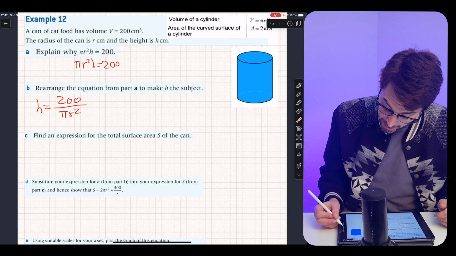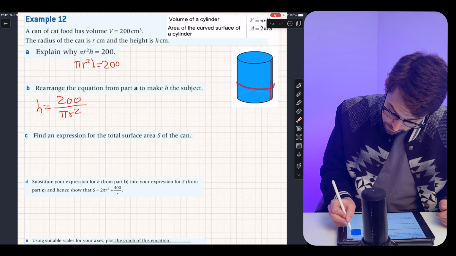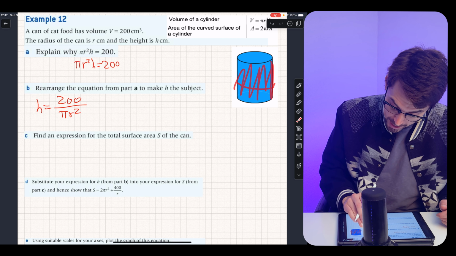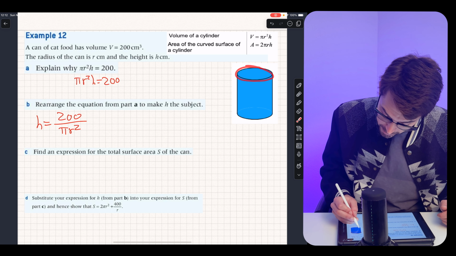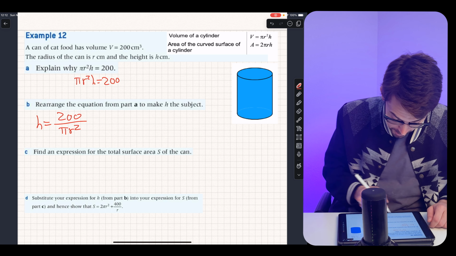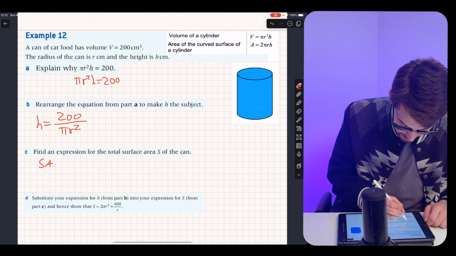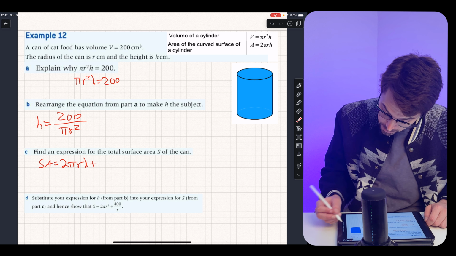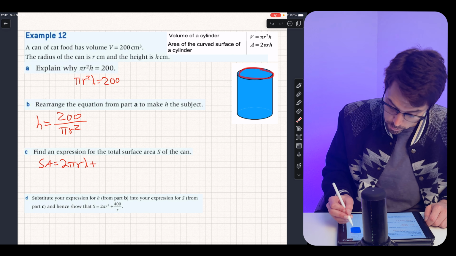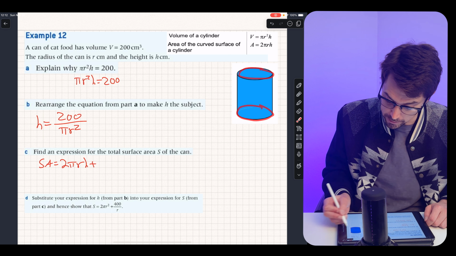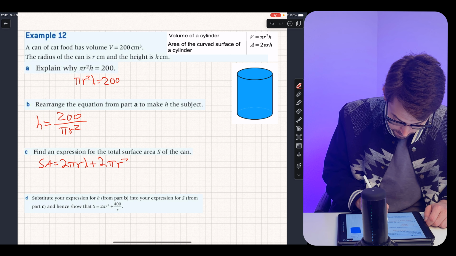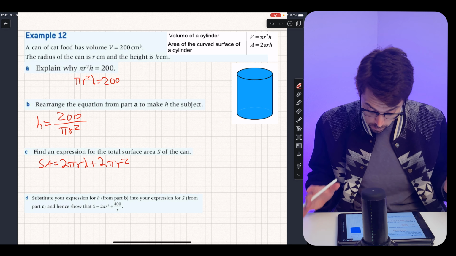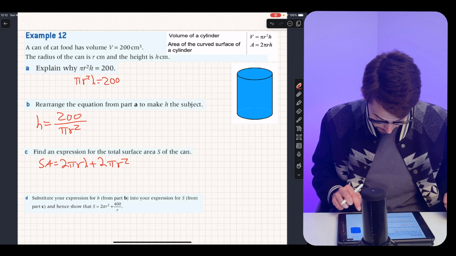So I have the area of the curved surface, which I'm given as 2 pi r h, as well as the area of a circle on top and a circle on the bottom. So my surface area is equal to 2 pi r h, plus pi r squared, plus another pi r squared, which gives 2 pi r squared. That is my total surface area of the can.